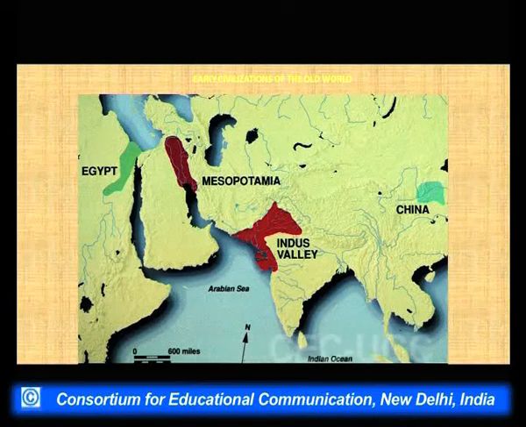When Gordon Childe propounded his thesis on urbanization and the urban revolution, he gave about 10 characteristics as to what makes a civilization urban, and most of the civilizations that you can see on your screen are urban in character.